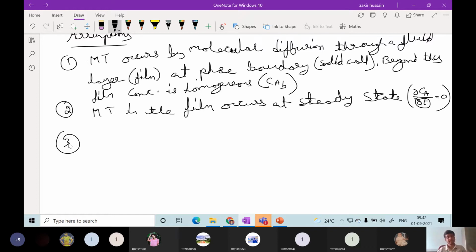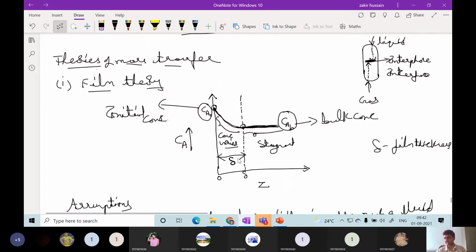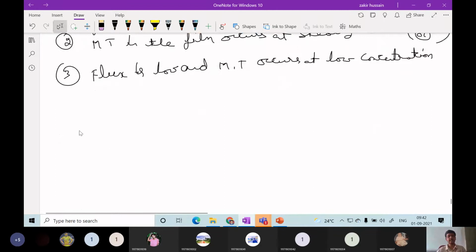Then the next one is that flux is very low. If you assume the flux is very low and mass transfer occurs at low concentration, the film will usually be very thin. Because of this, the net flux will be 0. We know the relationship between fluxes.